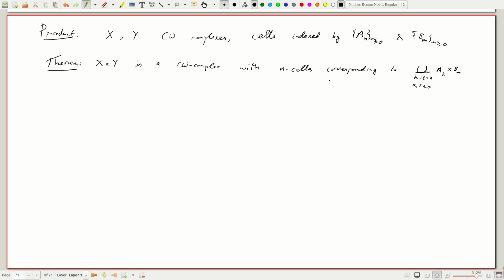So I'm looking at, for example, the 2 cells here are the 0 cells here and the 2 cells here, the 1 cells in both cases, 2 cells and 0 cells.